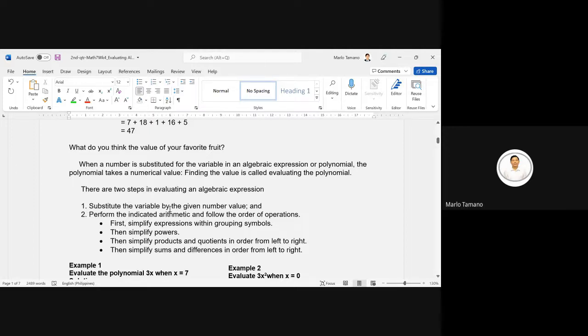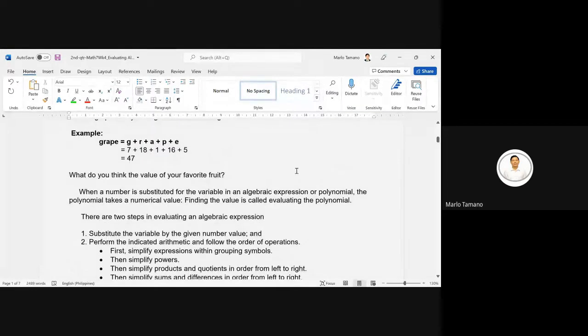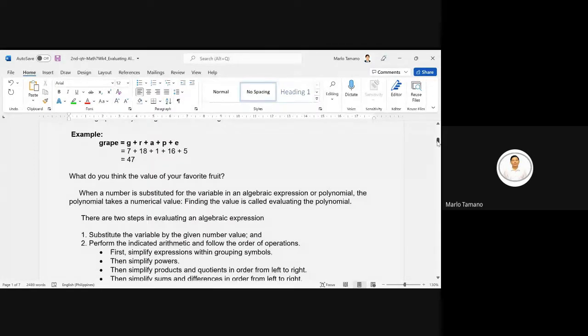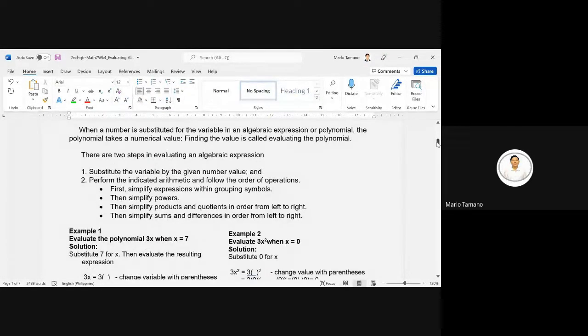Okay, papalitan nyo lang just like what we did there sa grape. G corresponds 7, R corresponds 18, A corresponds 1, P corresponds 16, and E corresponds 5. Then after which, all you have to do is sum up depending on the operations. Naintindihan? Now, since plus lang po yan, so the sum is 47.